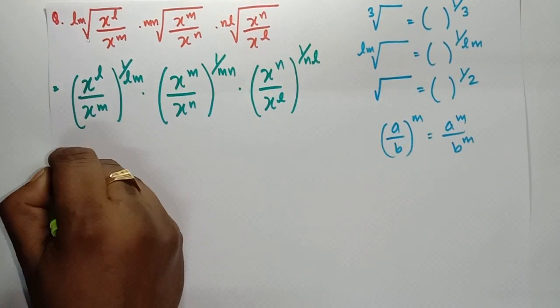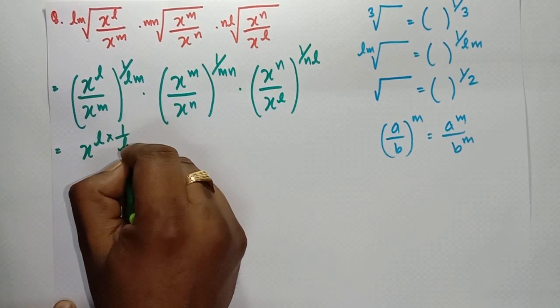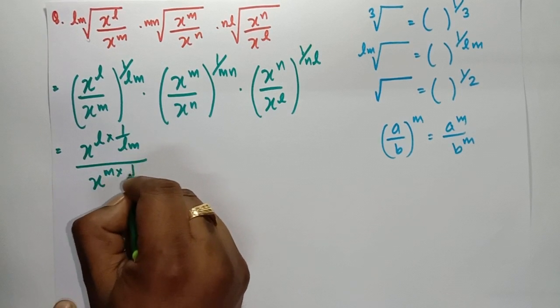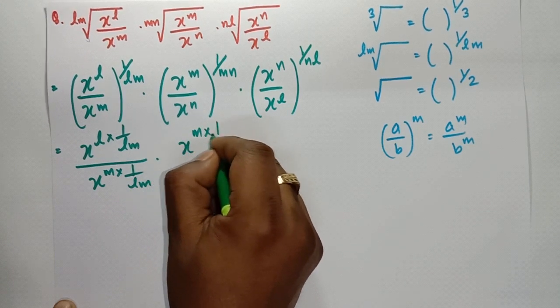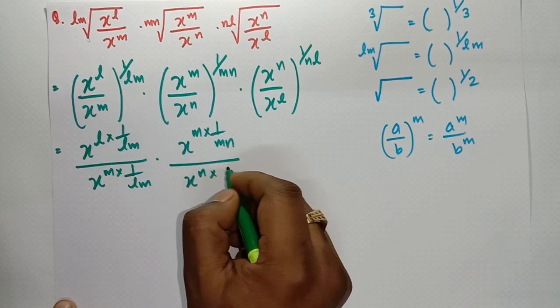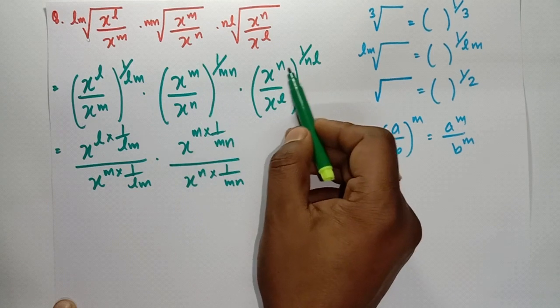That means this m belongs to a also and this m belongs to b also. Similarly in this I can write like this, x to the power l, this belongs to both, 1 by lm. Similarly this 1 by lm belongs to this also, 1 by lm, x to the power m, this mn, x to the power n into 1 by mn. This belongs to this also, this also.